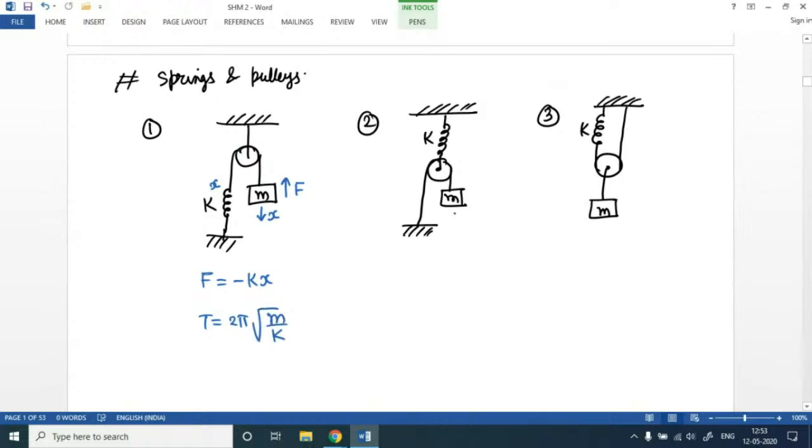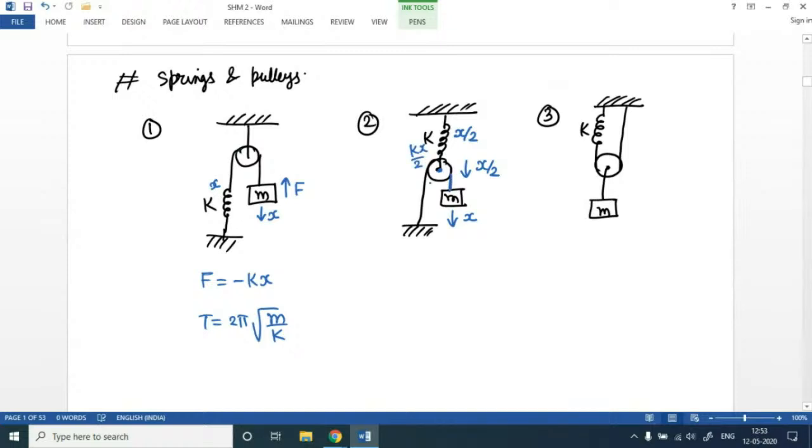But now let's look at this case. If this block is displaced by x, you should realize this pulley will go down by x by 2 only. So the stretching in this spring will be x by 2 only. In that case, the spring force here would be kx by 2.